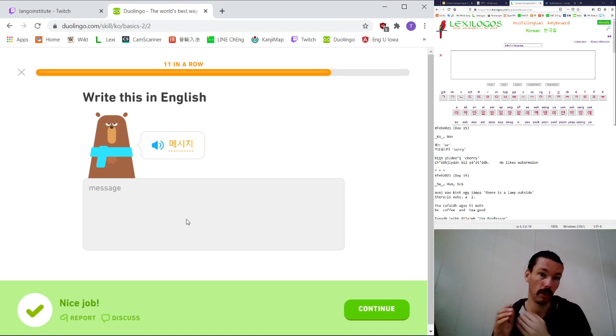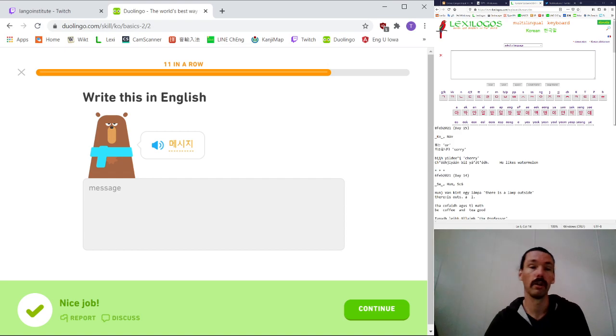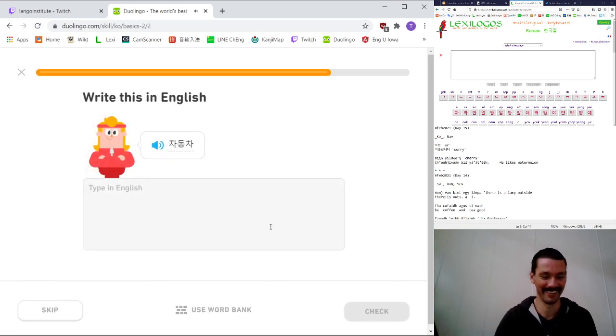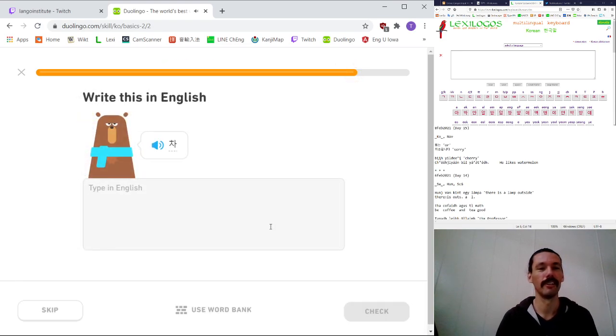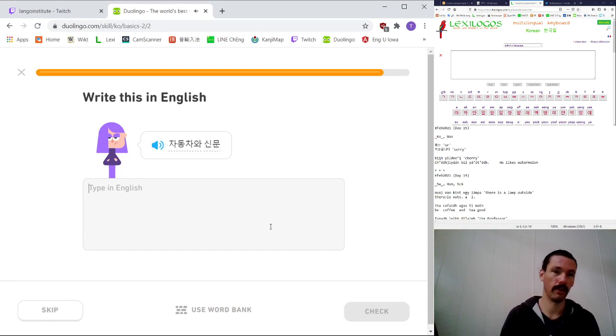It's a portmanteau meaning Korean and English. So it refers to a couple of different things. An English word taken into Korean like this. 메시지. It's called a loan word. When one language takes a word form or compound phrase, rarely a phrase, into itself. 자동차. Car. 차 T. 자동차와 신문. Car and newspaper. Make them indefinite.